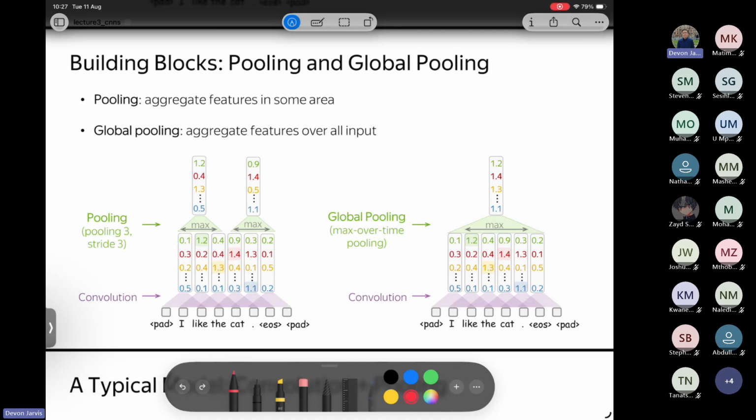Global pooling is what I showed you at the start. It just treats the entire set of words as the window for the max, and you just maximize over all the convolutions. The really great thing about global pooling is it doesn't care how many words you have. It can just take all of the words you have, regardless of how long the sentence is, and it always returns the same dimensional output.